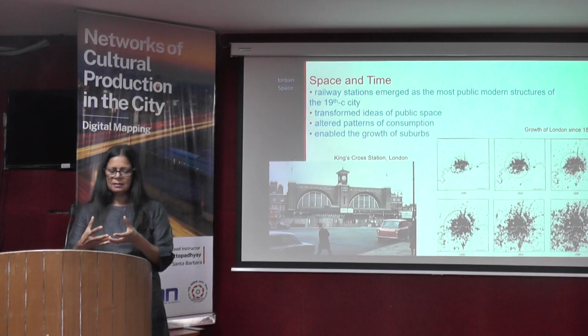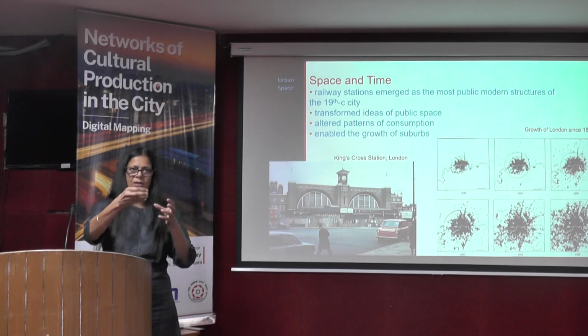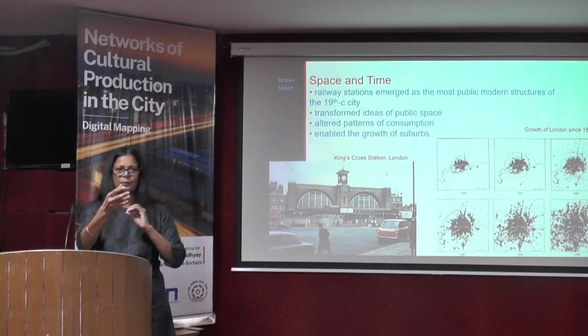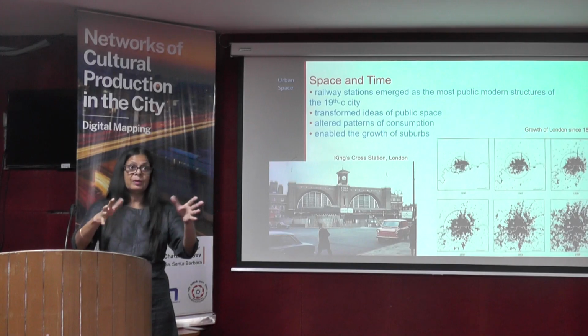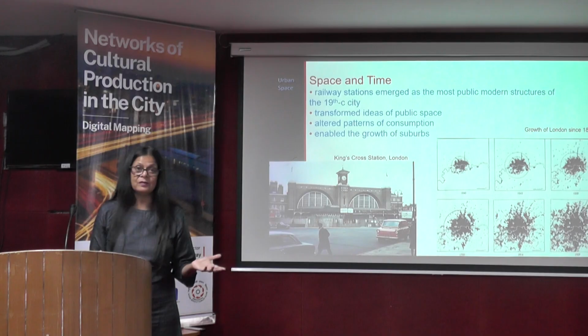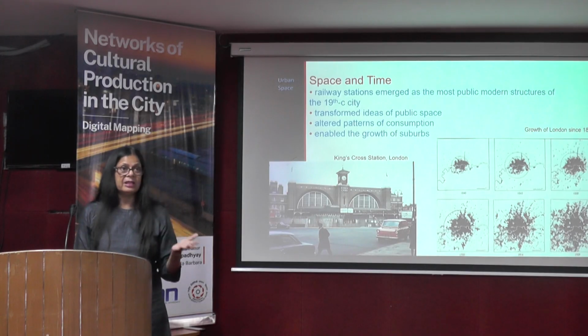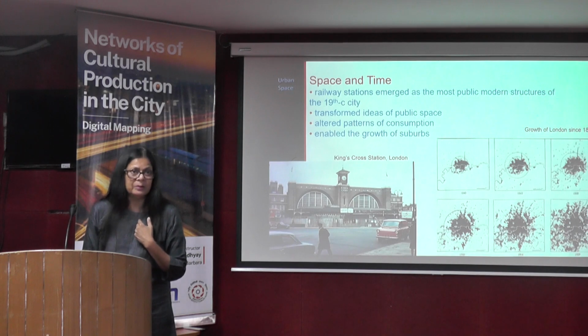So once the rails started moving from one location to another, particularly those living in the country or in the suburbs could actually do business in London and go back. That means they didn't have to stay overnight or 3 days or 4 days. That means they could commute.